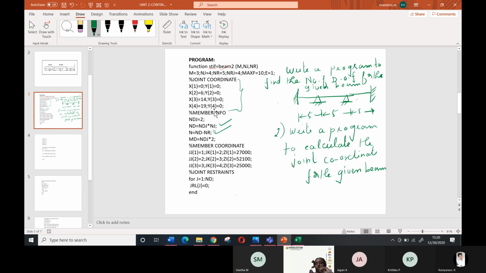If you're finished, just read it to me. Who will read? Kalayaris, I didn't hear anything from you. Today, Kalayaris should read the first one and Kritika should read the second part of the program. Kalayaris, once you finish, you read.